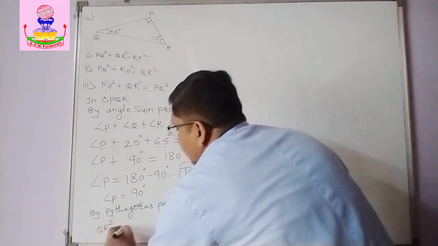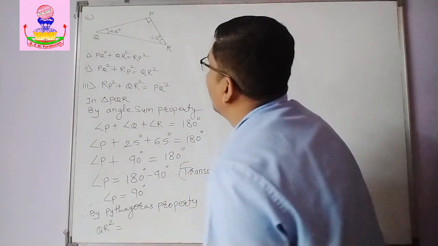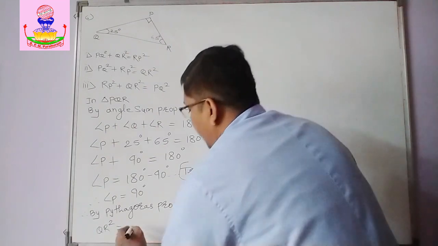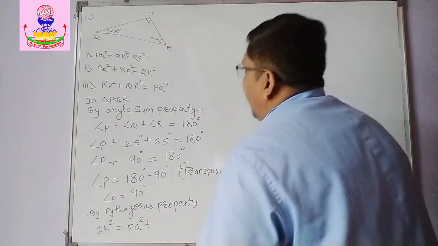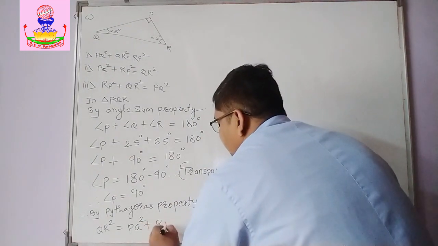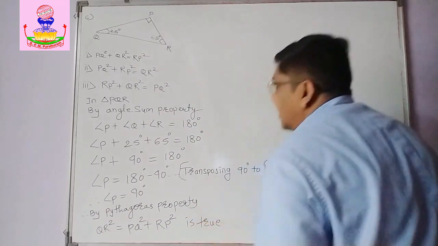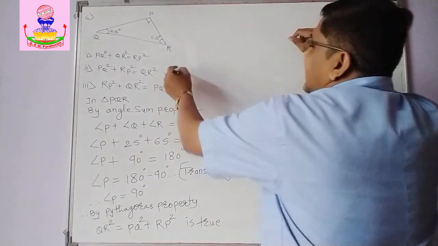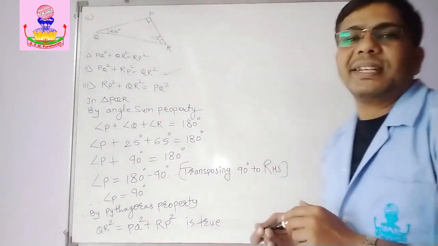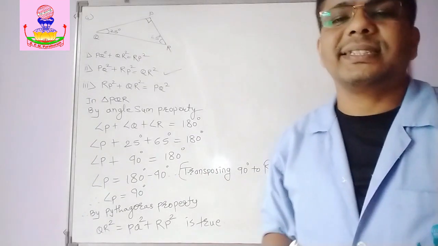QR square is equal to PQ square plus RP square is true. That is which statement? QR square, that is second statement. Second statement is true. Do you understand? So let's move to the next example.